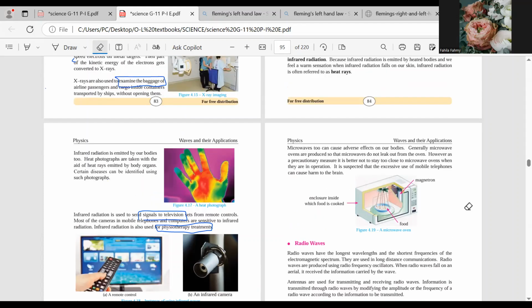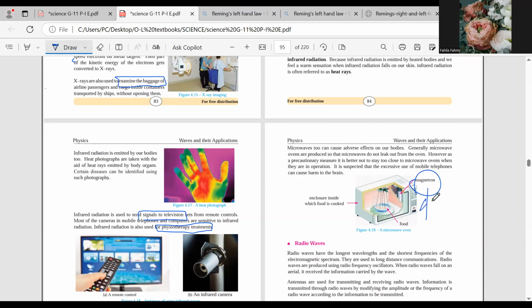Now some of you might ask, if as a precautionary measure you are not even supposed to stand in front of the microwave, then is it good to eat the food that is being heated by the microwave? Now the water in the food is being heated up, right? So it gives some heat out, and the food is heated.